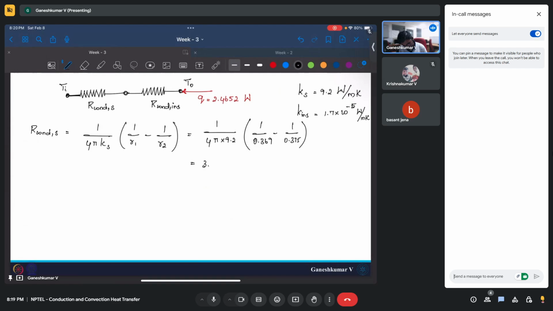Is it something like 3.75 into 10 power minus 4 watt per meter Kelvin? Something like a very small number I got.